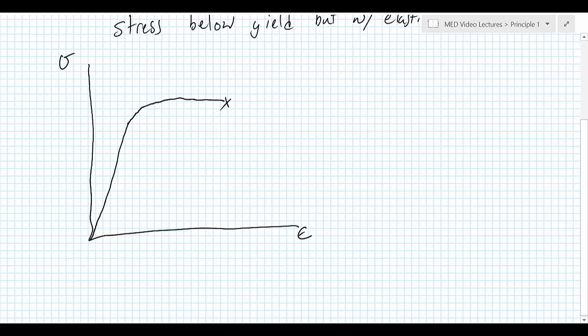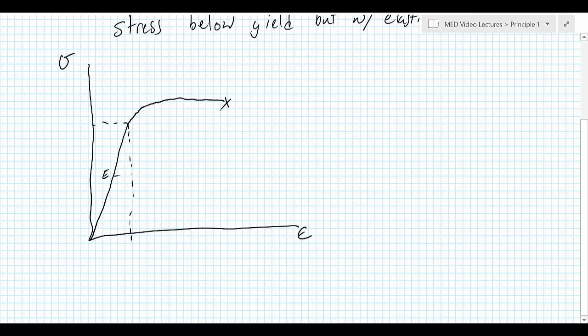So this looks more like steel. There is this area where, as you add more stress to the part, the strain changes with the stress in a linear fashion. This is when the material obeys Hooke's law, and strain is proportional to stress by the modulus of elasticity. That is, the slope of this line is the modulus of elasticity.